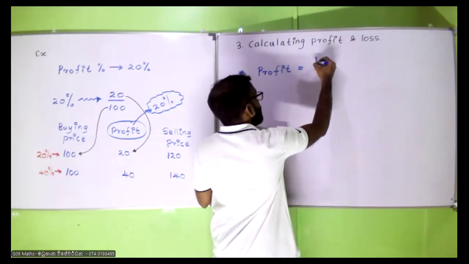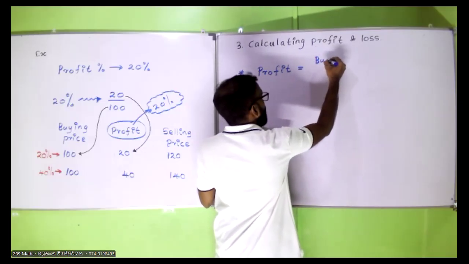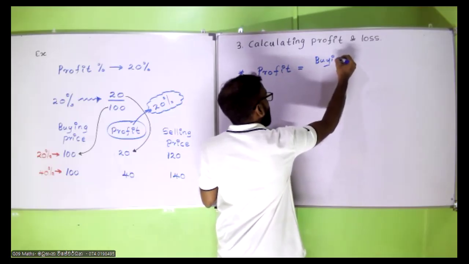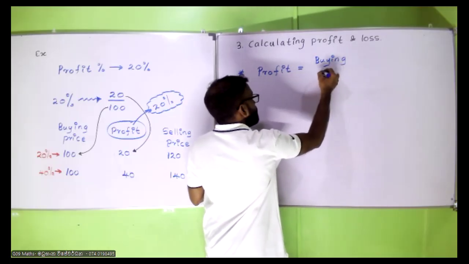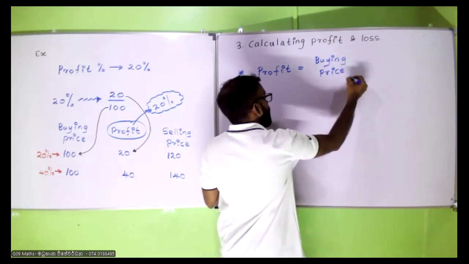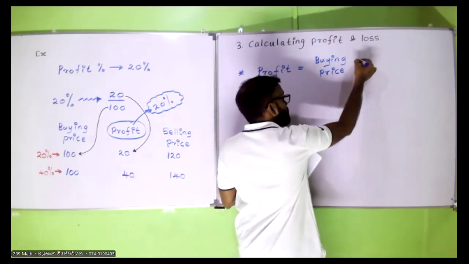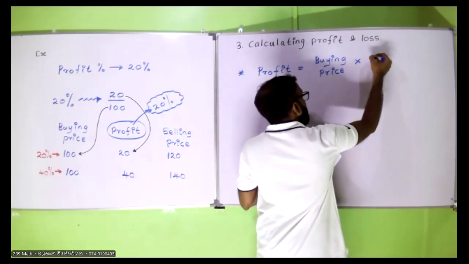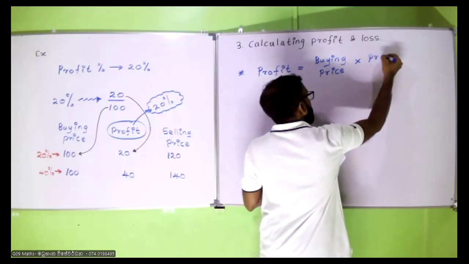Buying price or the cost. This buying price should be multiplied by the profit percentage.